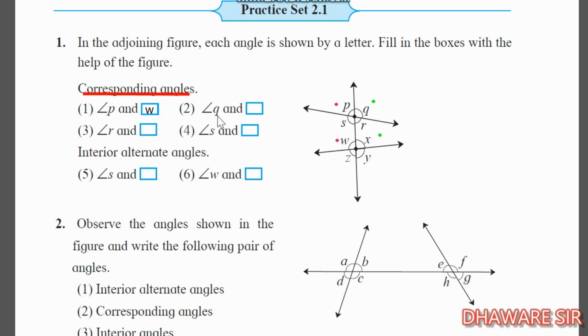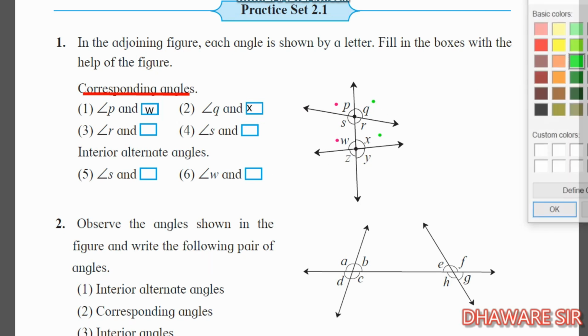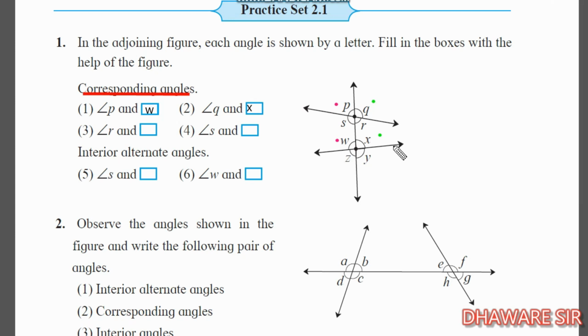So we can write here X. Now R, we again change the color to identify angle R. Now they have given the angle R. So what is the corresponding angle here? Angle Y. So we can write here angle Y.